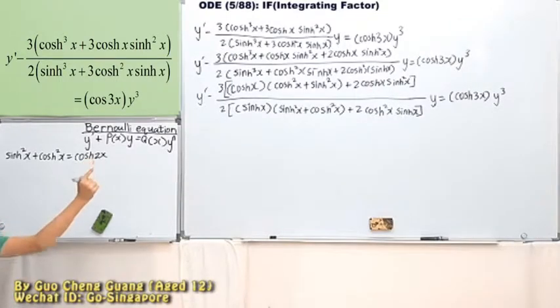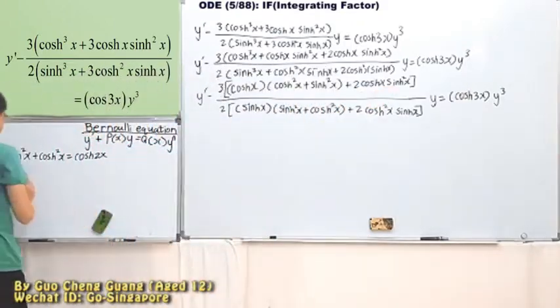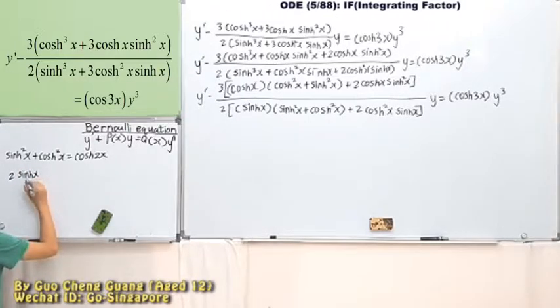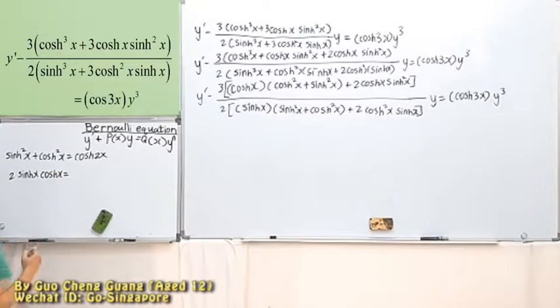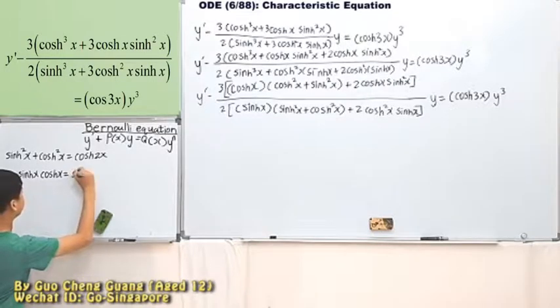The next part, the other part we are using is here. Let's take a look. 2 is hyperbolic sine times hyperbolic cosine. Now in the trigonometry, you also have something similar to this. And this is actually the double arguments for hyperbolic sine.